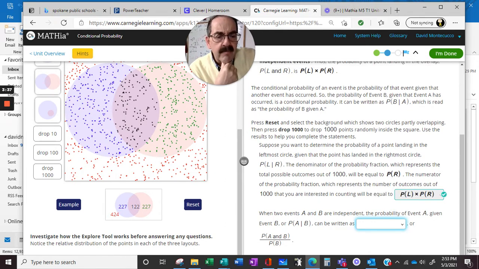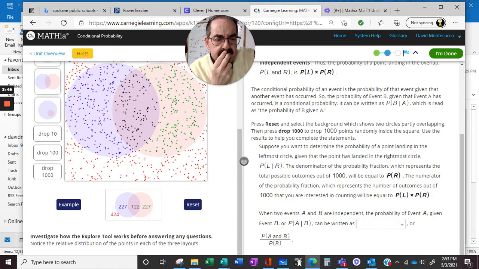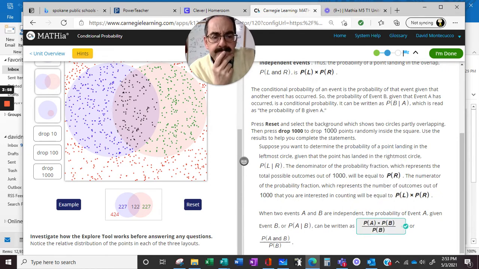When the two events A and B are independent, the probability of A given B can be written as P of A. And that's all formula driven, and we'll have a cheat sheet for it.